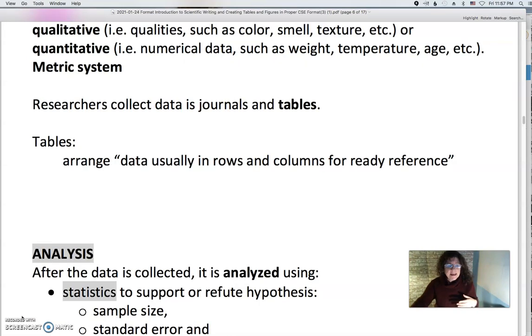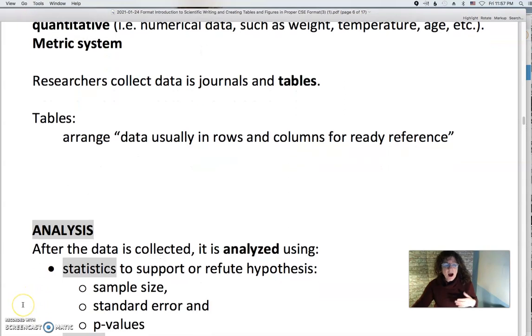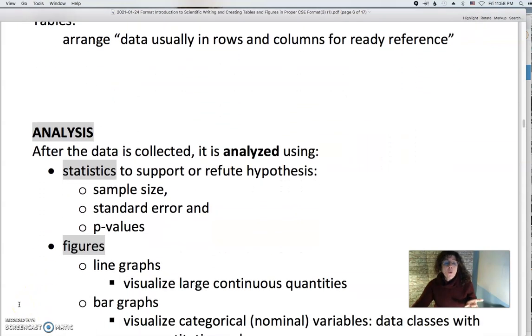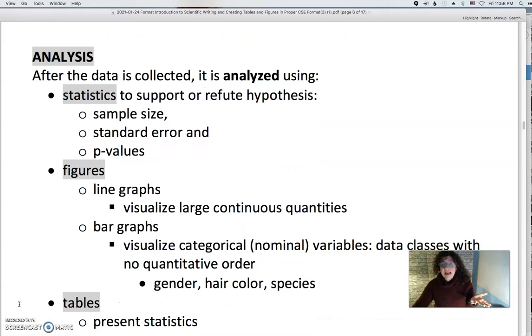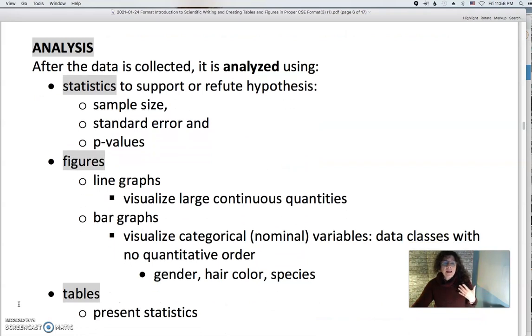When we look at analysis of that data, we generally will use several different ways to analyze it. We will analyze it using statistics, and those statistics can include sample size, standard error, p-values. You actually looked at percent error in the last lab.